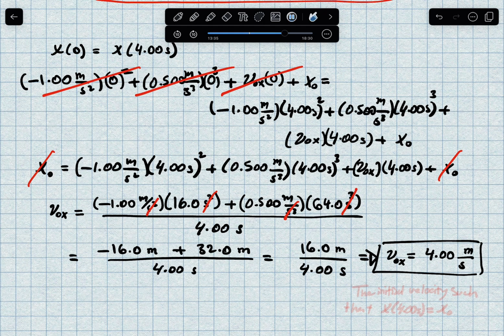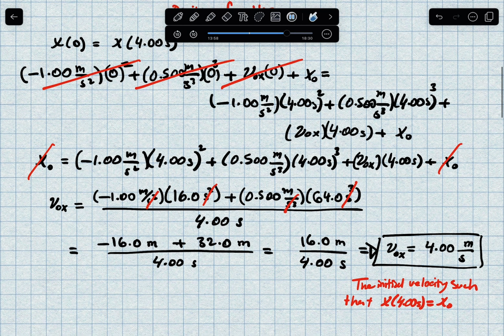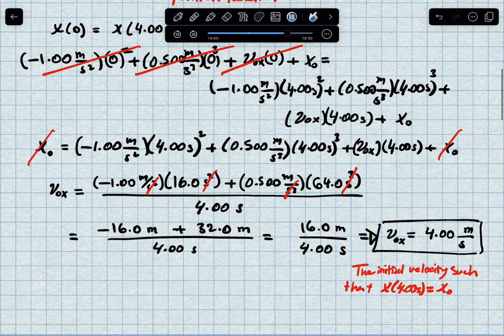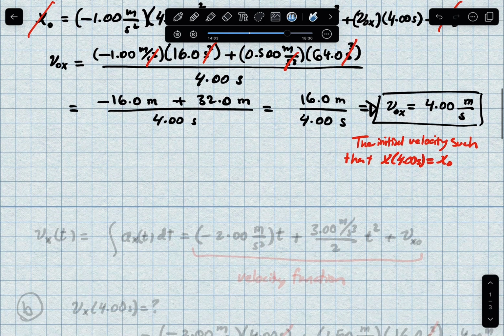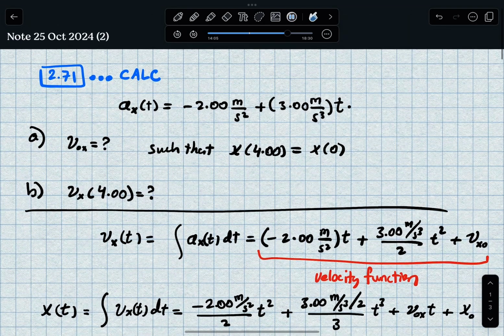So that is the initial velocity such that x of 4 seconds equals x naught. Okay, part B of the question asks for the velocity at time 4 seconds.